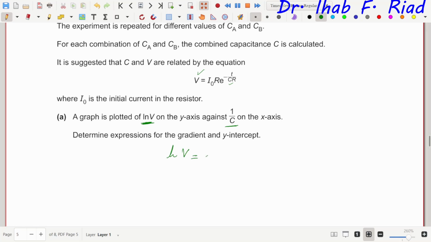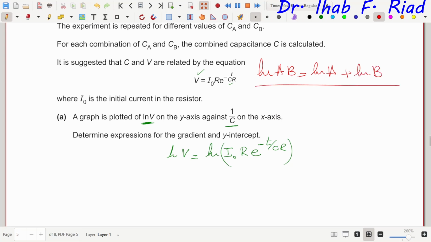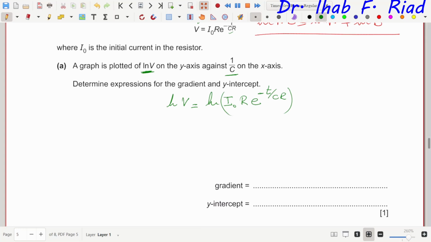So we have ln V is equal to ln of I naught R E to the minus T over C R. Remember this, ln AB is equal to ln A plus ln B. So we have over here ln V is equal to ln I naught R plus ln E to the minus T over CR.